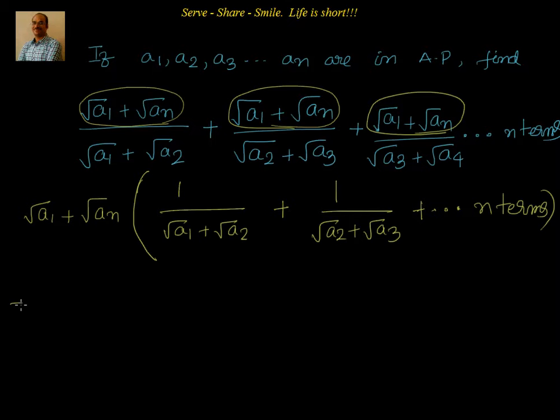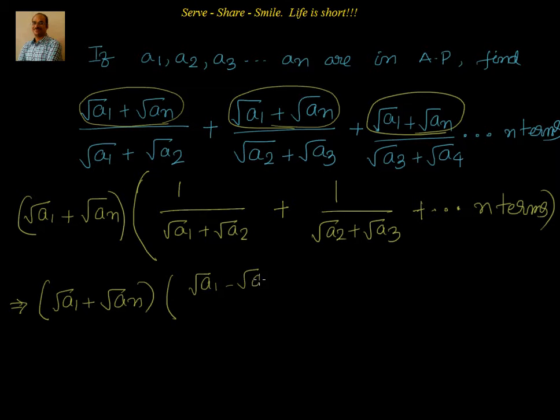Now the next step is we will rationalize the denominator. I'll just keep root of a1 plus root of an as it is. Then we'll try to rationalize this. Rationalizing the denominator means I have to multiply by its conjugate.